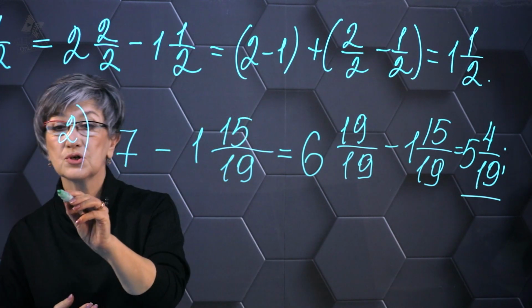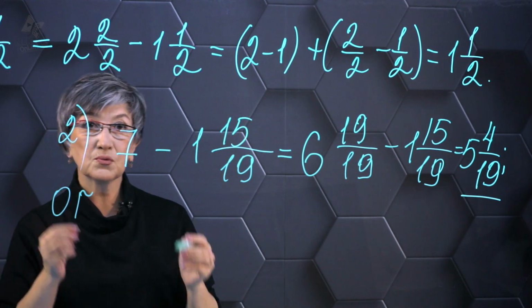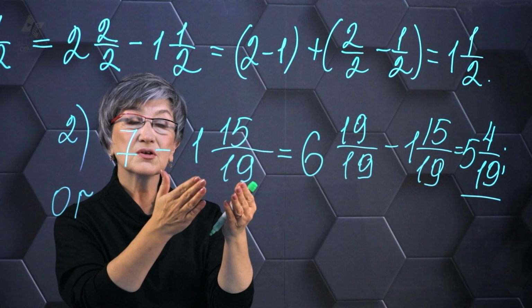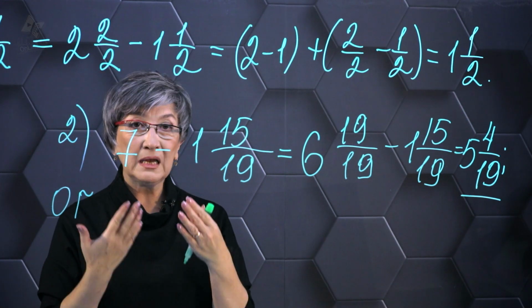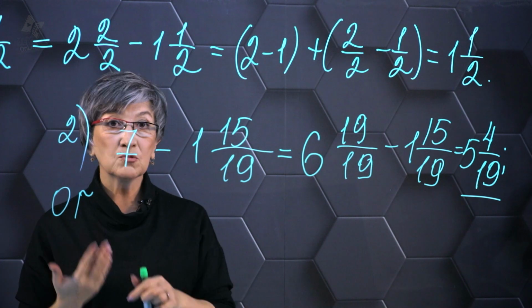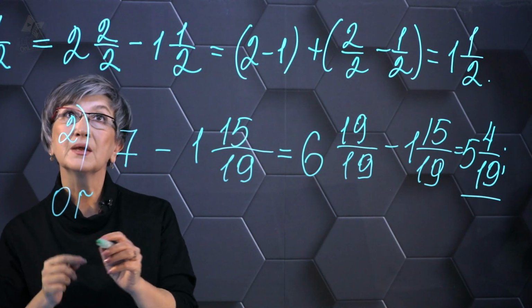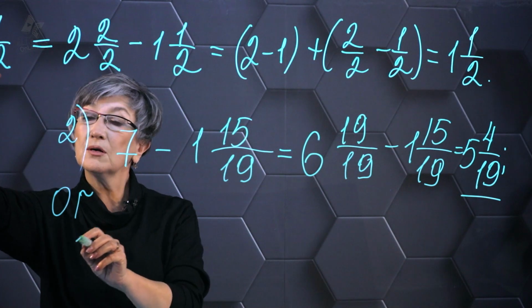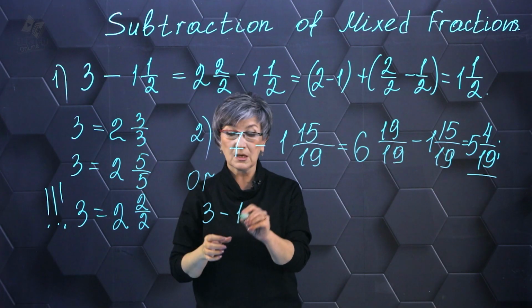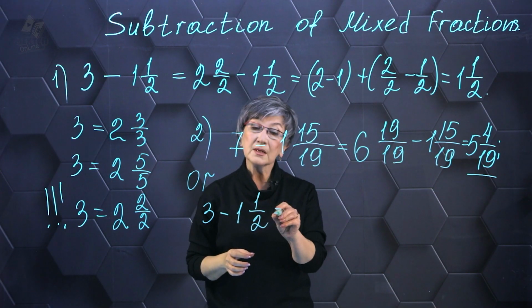Of course, there are other ways to subtract a mixed number from a whole number. Let's take a look at this one. Perhaps you'll find it useful. Now, I'm going to go back to our previous example and write down 3 whole numbers minus 1 whole 1/2.